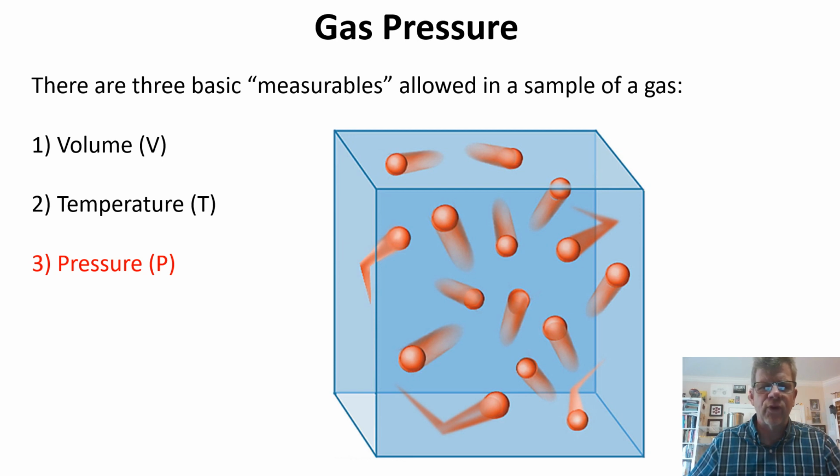So let's talk for a moment about what gas pressure actually is. In the diagram we see here, we see a representation of a closed sample of a gas, and our particles are indeed moving along very quickly, and they are not in contact with one another.